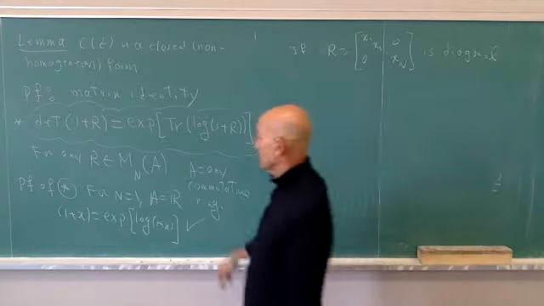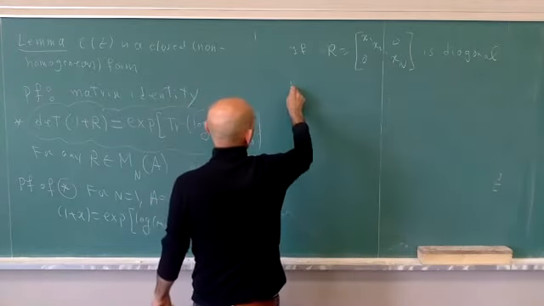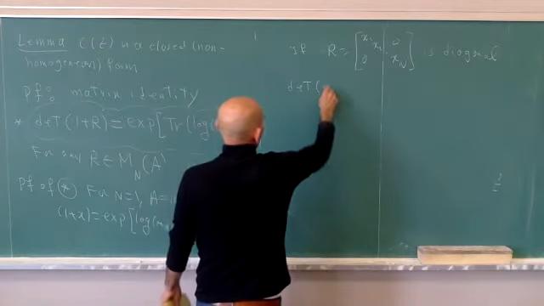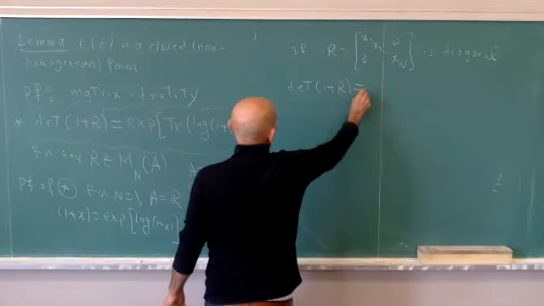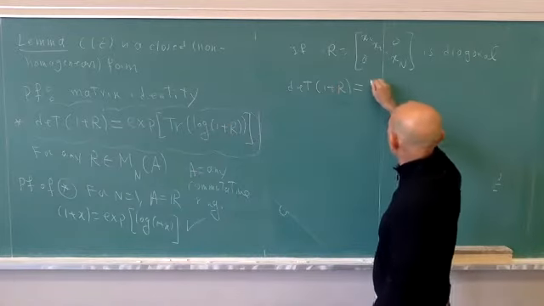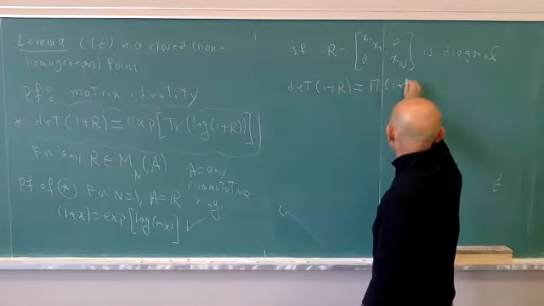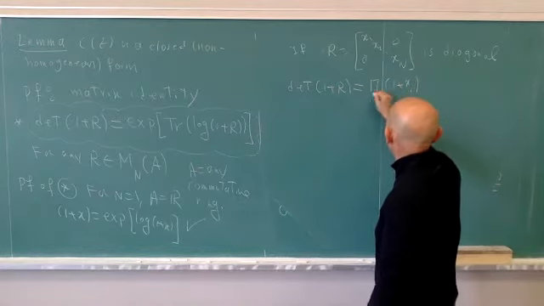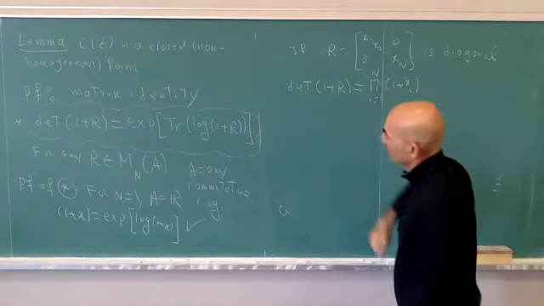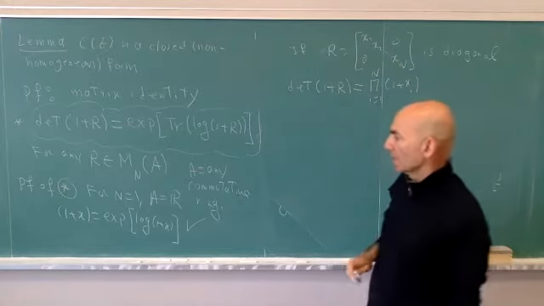Let's see what happens. Determinant of 1 plus R is, of course, equal to the product of 1 plus xi. Now, what is on the right-hand side?